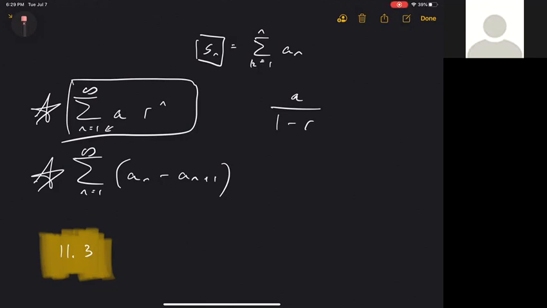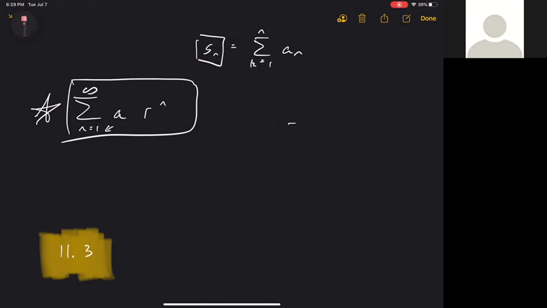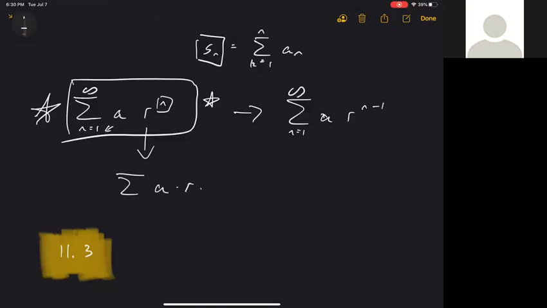You need to be able to convert between forms, I'll show you what I mean for a second. We need to be able to convert from this form here to the form whose formula we know, right? We have the formula for a times r to the n minus 1, right? So how do we get from n to n minus 1? Well, this thing is the same as a times r to the n minus 1, right?